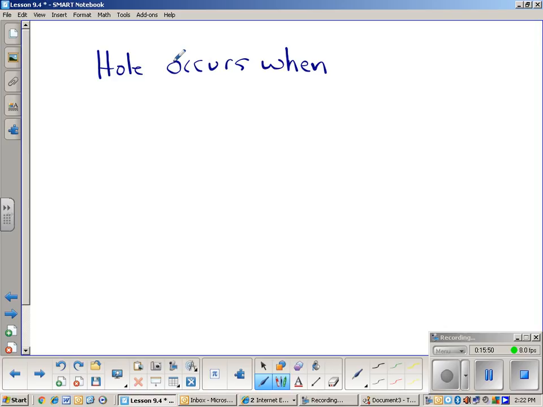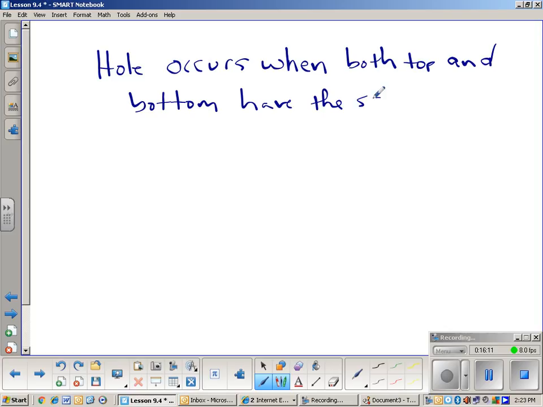Hole occurs when what? When both the numerator and denominator. Okay, I'm going to make it shorter. Both top and bottom have the same 0, right? When both the top and bottom have the same 0, that makes a hole.